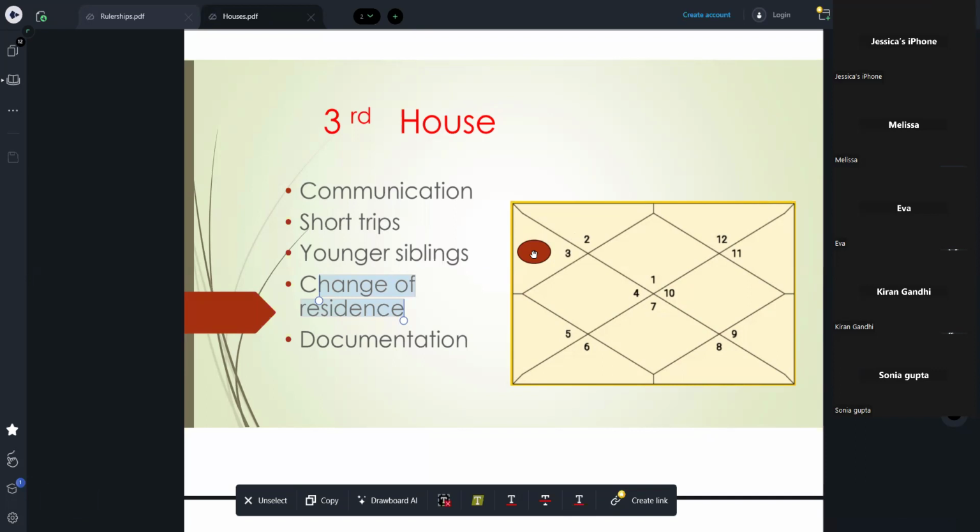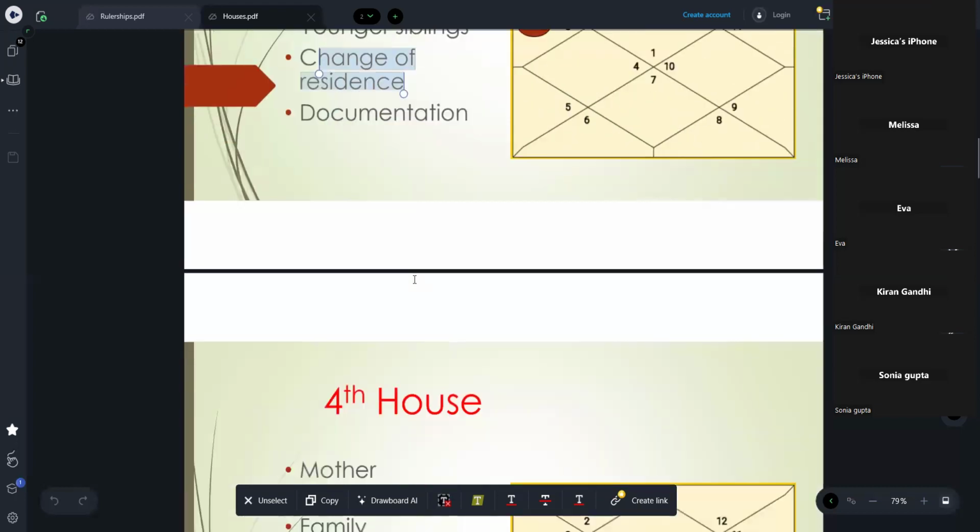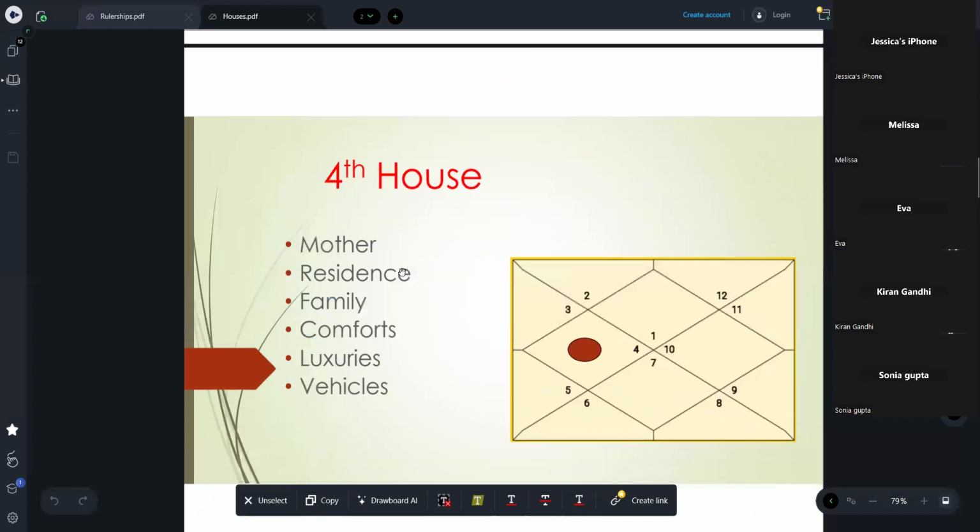Whether that travel is going to be a long travel, whether it's going to be a short distance travel, also depending on whether it's a movable sign, fixed sign, dual sign, all that. There's so much that you can fit into a house, but we're just trying to keep it very, very simple. And then you move on to the fourth house.